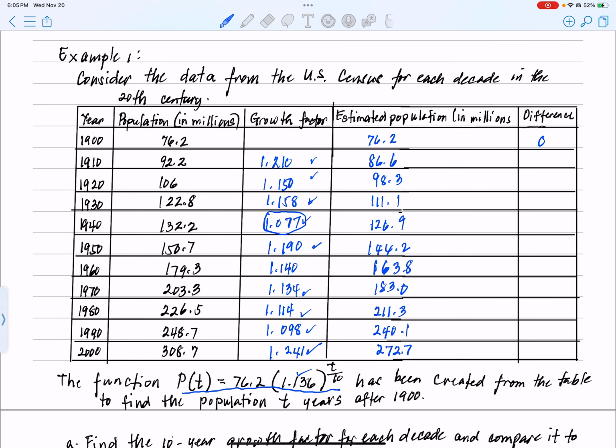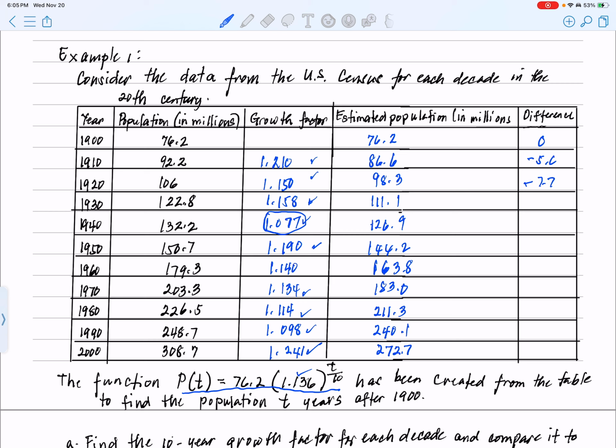All right. Then we have 106. Let's see what's the difference from 98.3. We have 7.7. This is between the population and the estimated population.